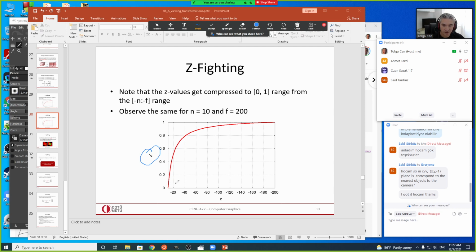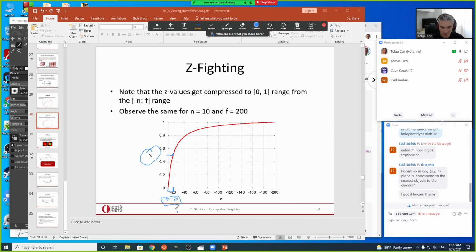In other words, objects which are very close here, between -10 and -20, occupy this space, and their depth values occupy almost half of your depth space.